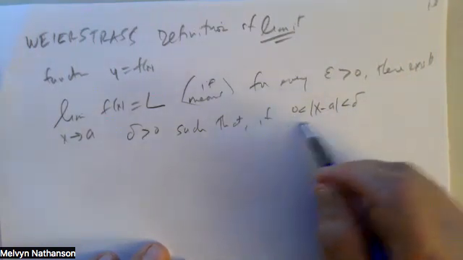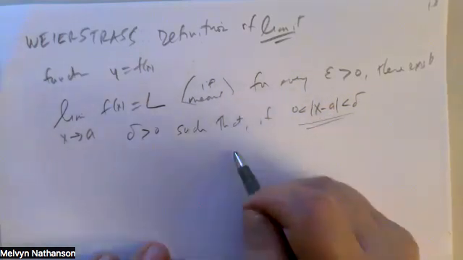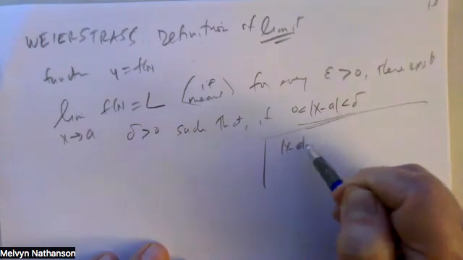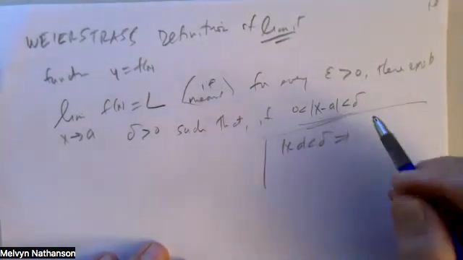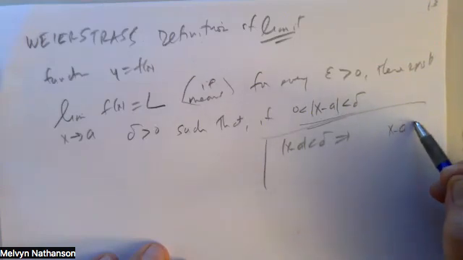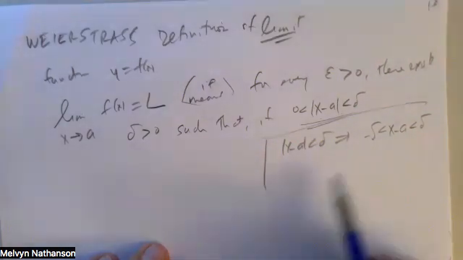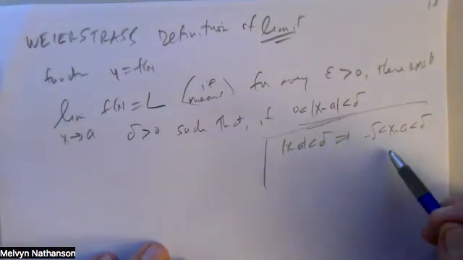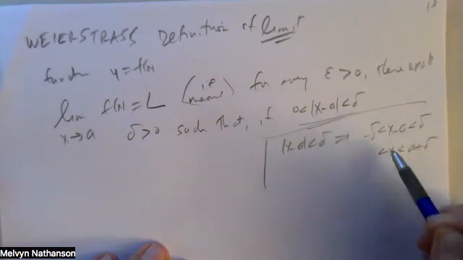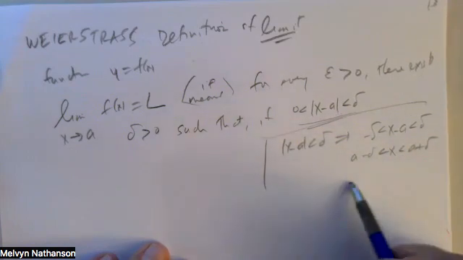So what is this inequality? Let me just write this aside. If the absolute value of x minus a is less than delta, that's the same as saying x minus a is less than delta and greater than minus delta when you take away the absolute value sign, which is the same as saying x is less than a plus delta and greater than a minus delta.